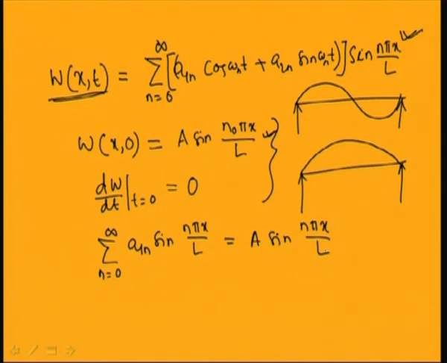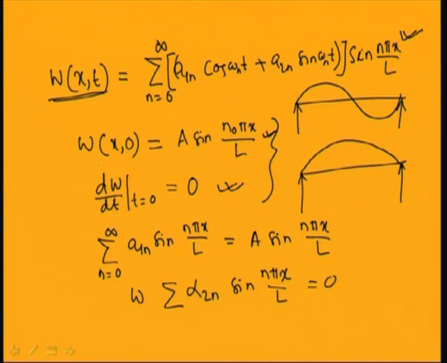I can write the other expression as omega into alpha 2n sin(n pi x/L) equal to 0. From the second expression, by differentiating this, for any value of x we are substituting t equal to 0, the initial condition.